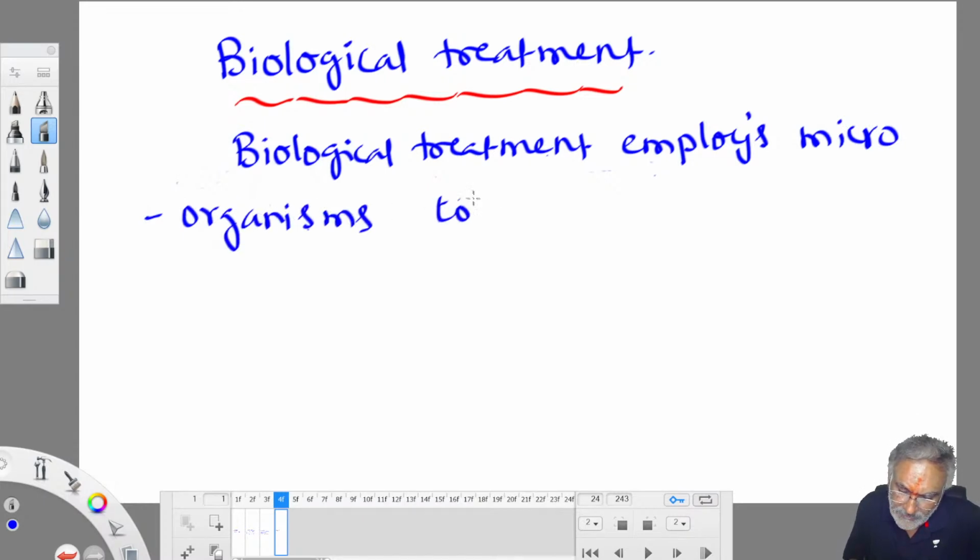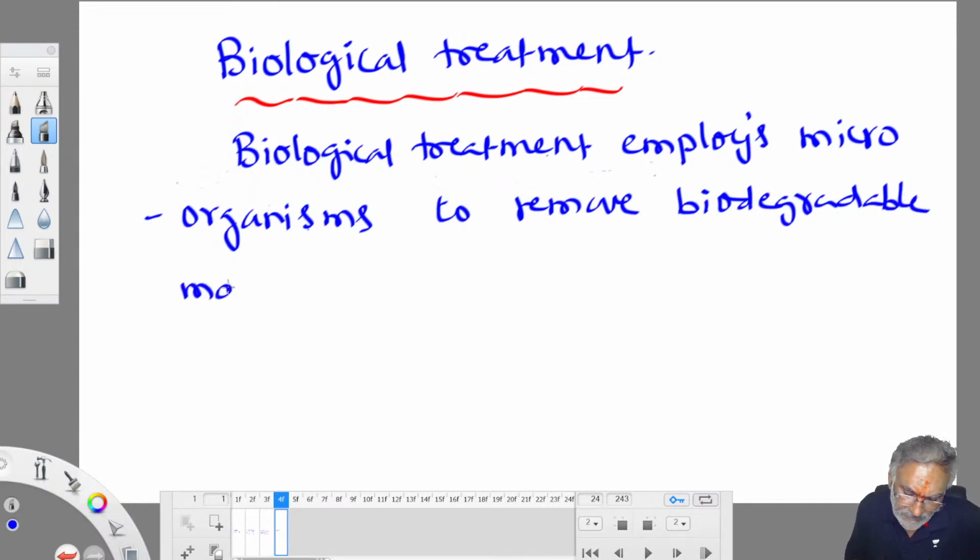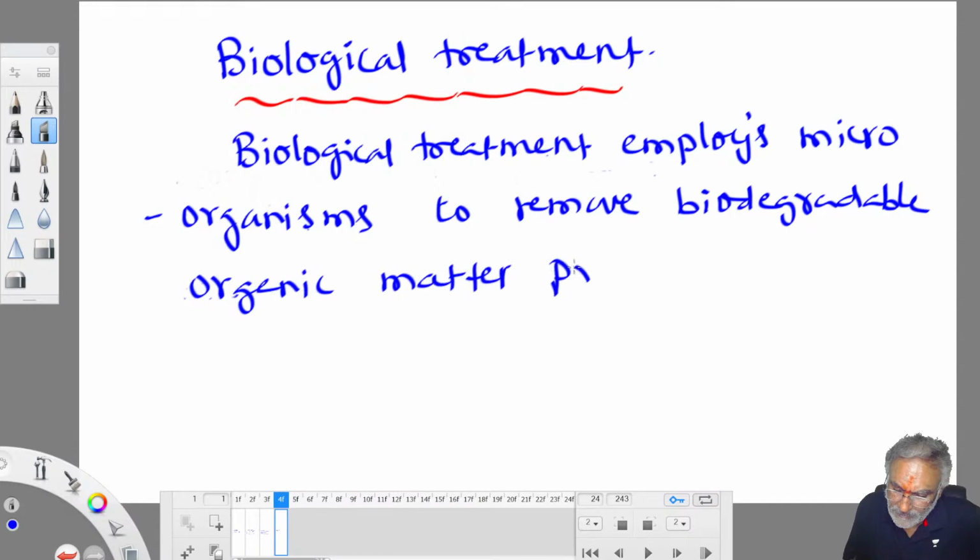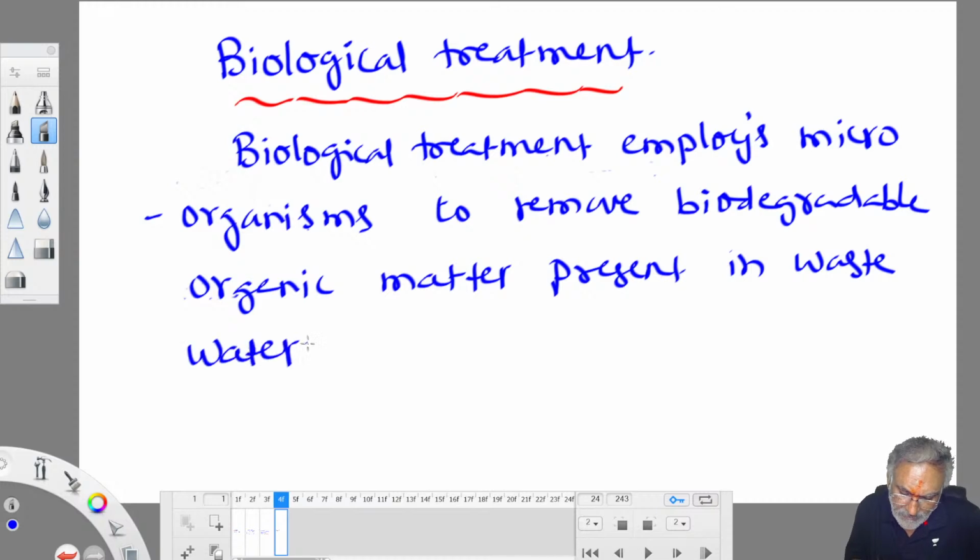Microorganisms remove biodegradable organic matter present in wastewater. So there are two types of biological treatment.